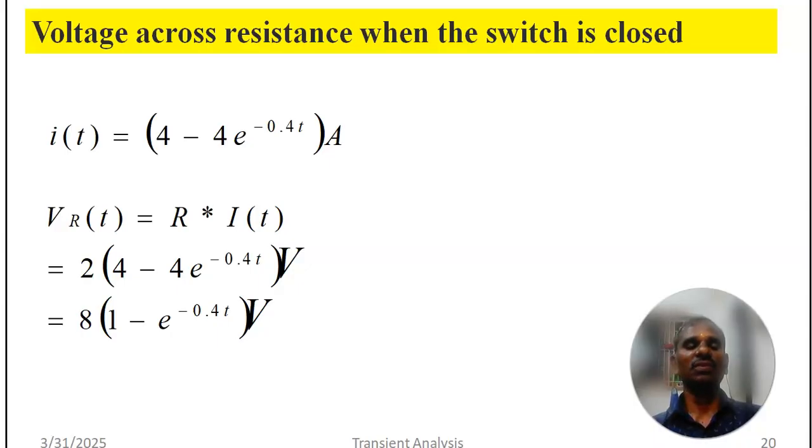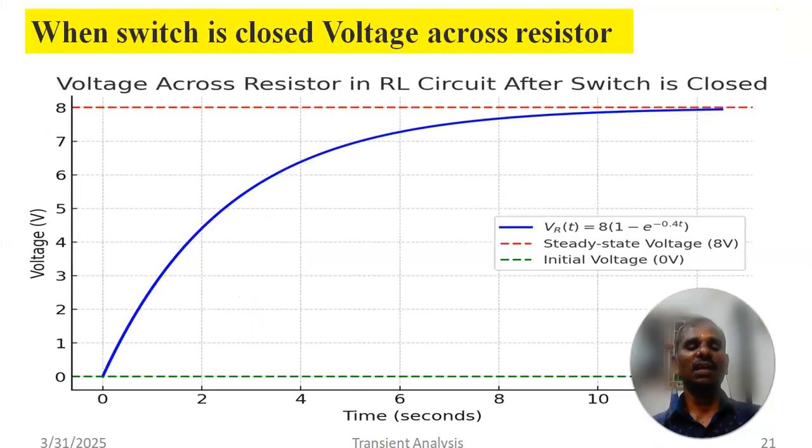If you substitute this and plot the waveform, we can see that it starts from 0 and again goes to the steady state value at 12 seconds. This blue line represents the voltage across the resistance. The dotted red line shows the steady state voltage at 8 volts, and the initial voltage is 0, represented by the green color.